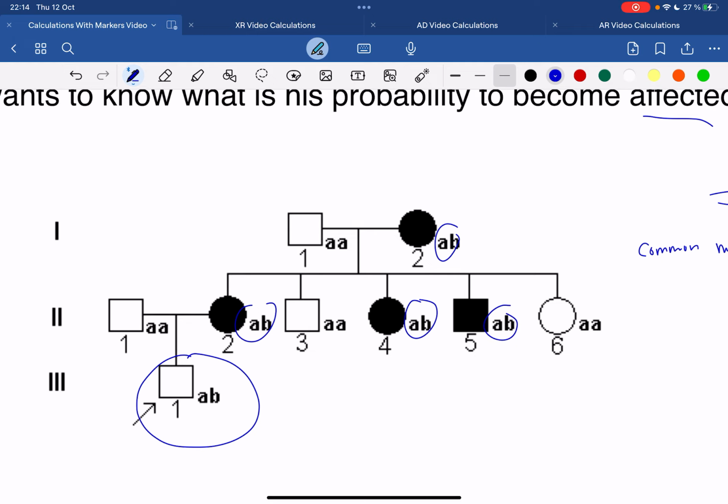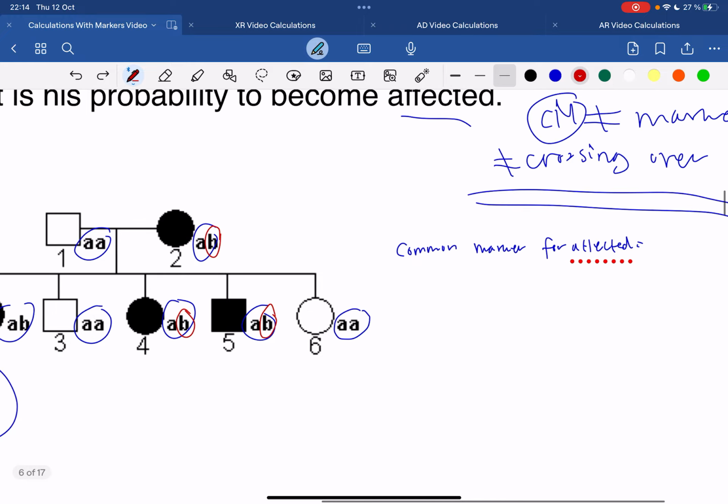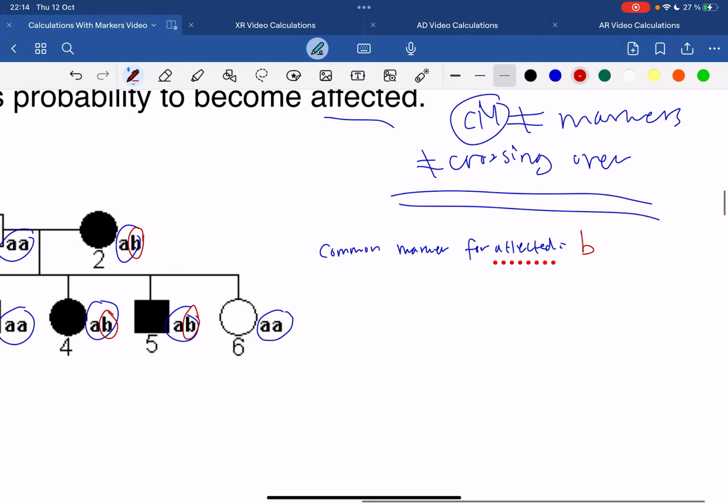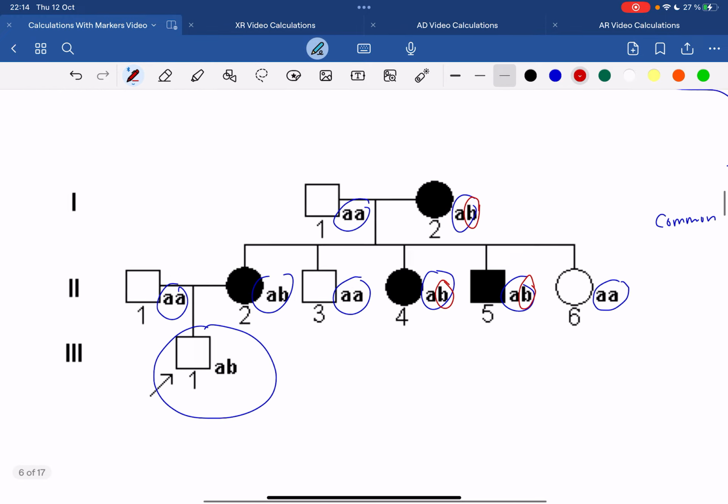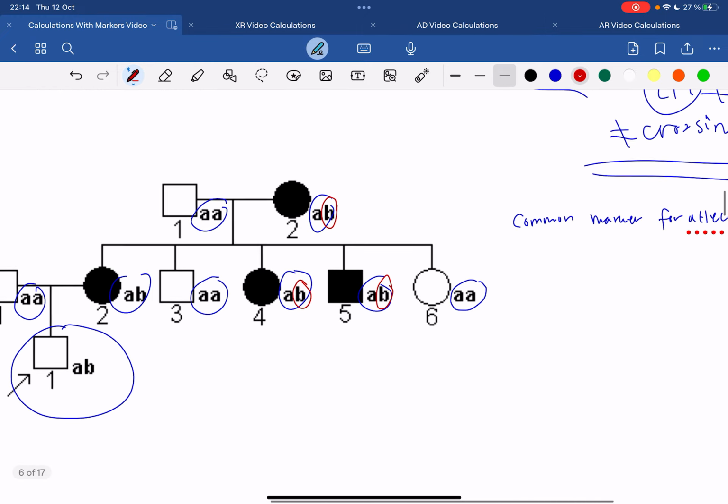However, we can also go to the unaffected side of the family, and they don't have any B as a marker. So then we can assume that the B here is actually the one that makes all of these individuals ill. Again, the marker doesn't make you ill, but the marker marks for a pathogen which makes you ill.